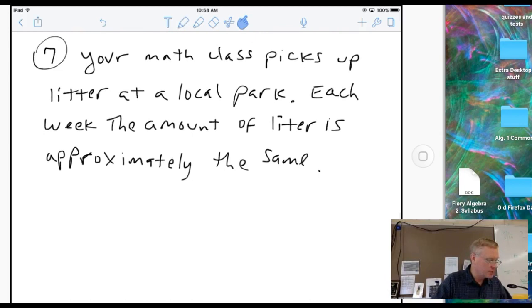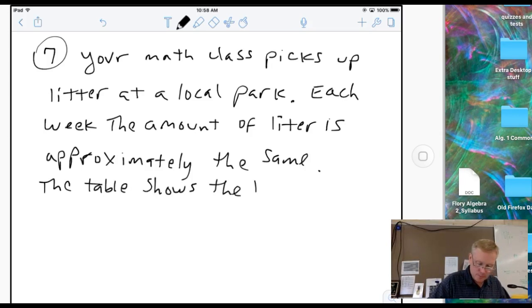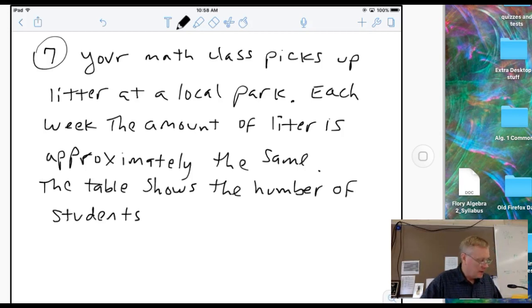And the table shows the number of students and time needed for the pickup.